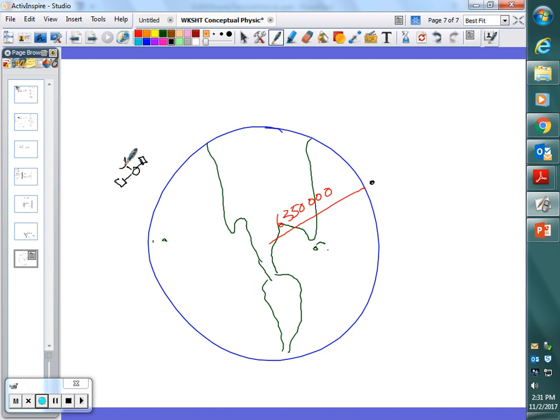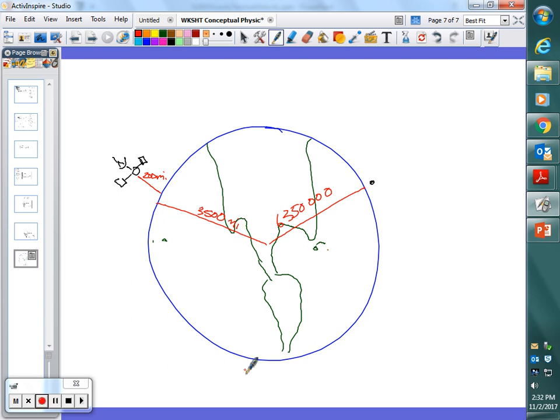We'll put a little satellite dish on this thing too. So, yeah, it's a pretty big satellite, right? Satellites are about 200 miles off the surface, which seems like a lot, but this is about 3,500 miles to the center.